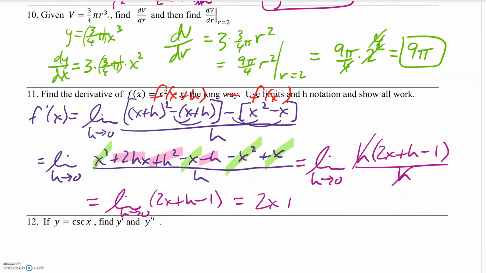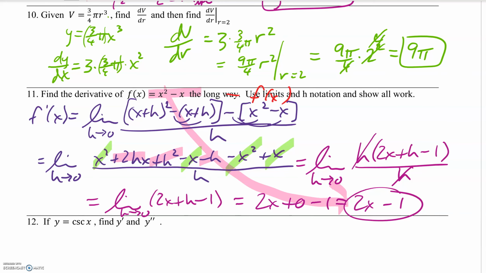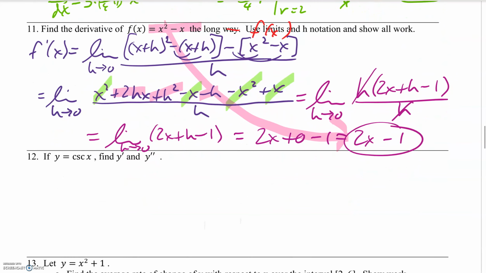We'll let h actually become 0, and, nope, not a plus, that'll be a minus. So we are done. 2x minus 1. And if you look back to the original, I think it's pretty obvious that the derivative of x squared minus x is 2x minus 1. And we are good to go.